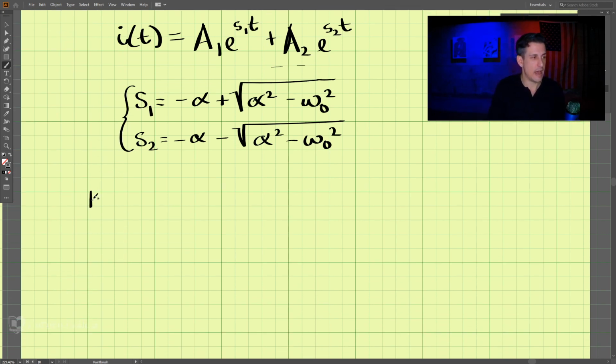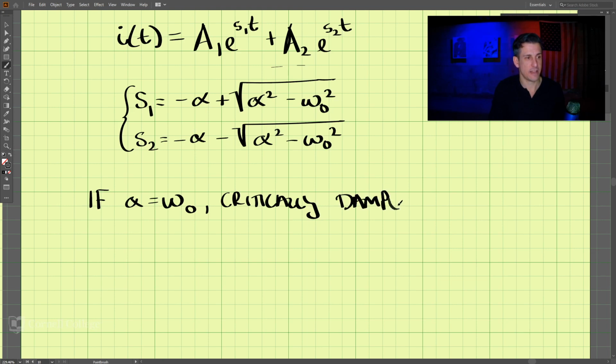Now, if we have alpha equal to omega naught, this is the critically damped case. And the solution here looks like this.